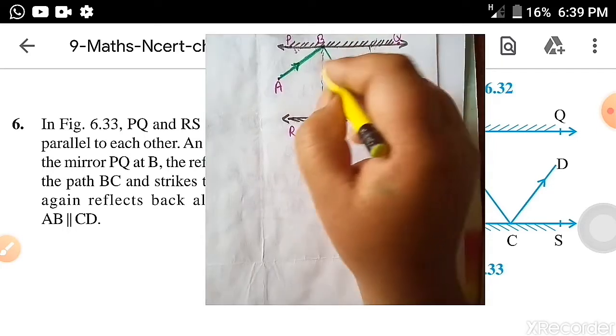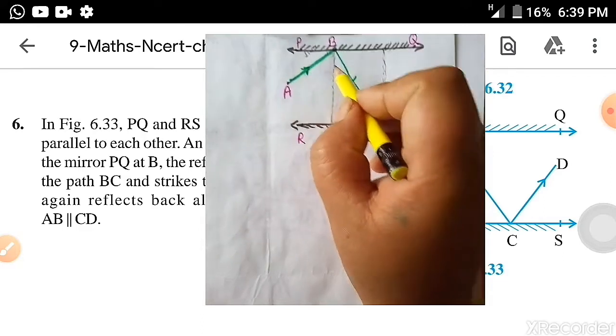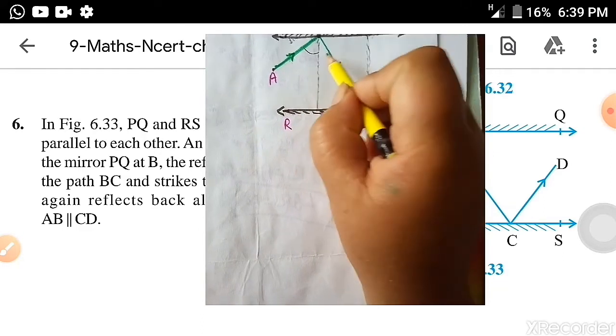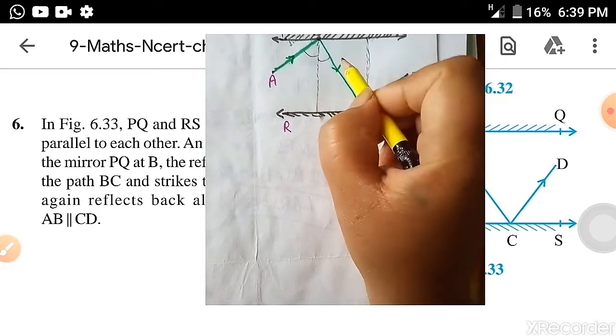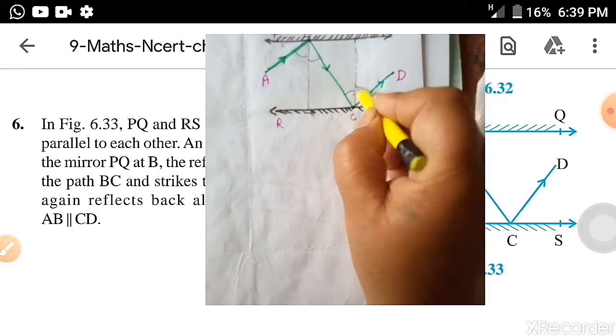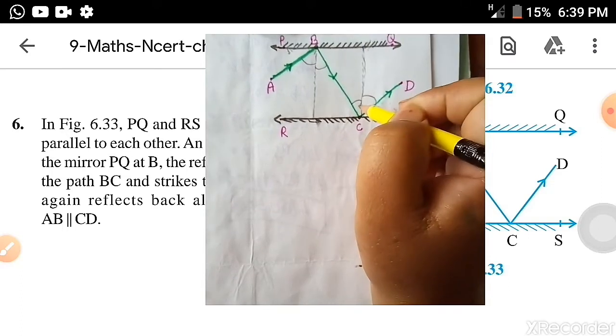Though I have not made a fine figure, by the law of reflection the incident angle should be equal to the reflected angle. Similarly for this mirror, the incident angle should be equal to the reflected angle, and this is called the normal in terms of physics.